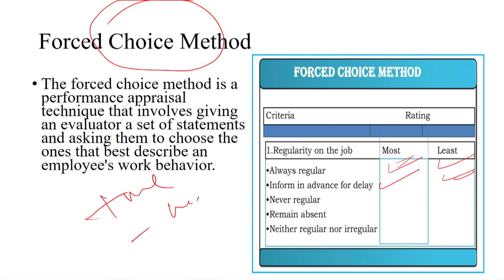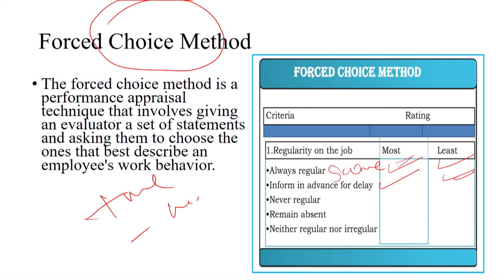Now each statement carries a score, which is not made known to the rater. The human resource or HR section actually does the rating for all sets of statements. So the employee rating in this manner makes the method more objective.